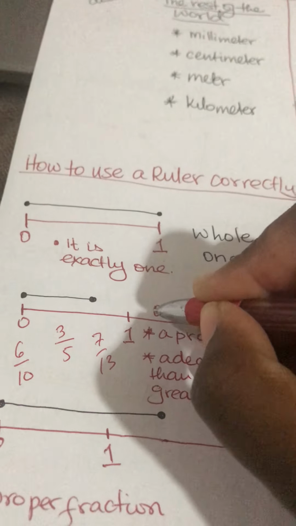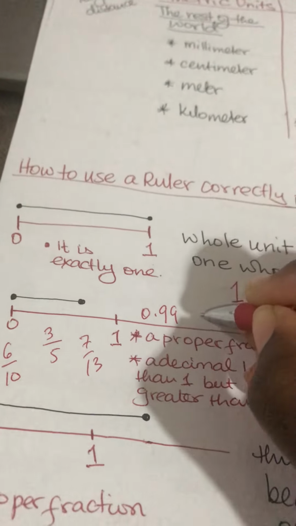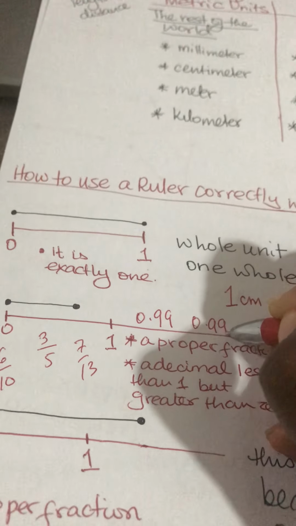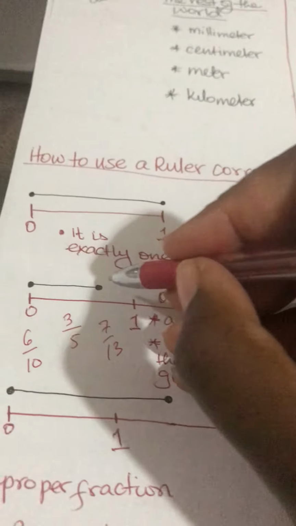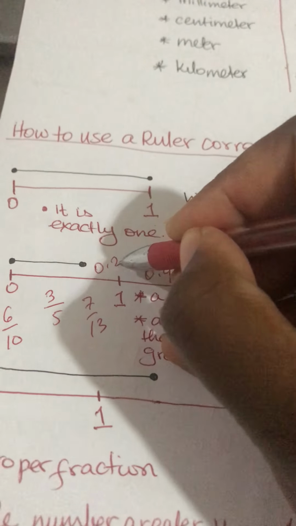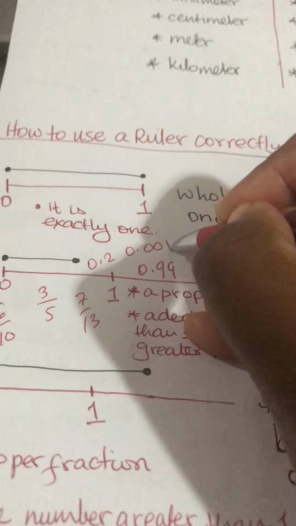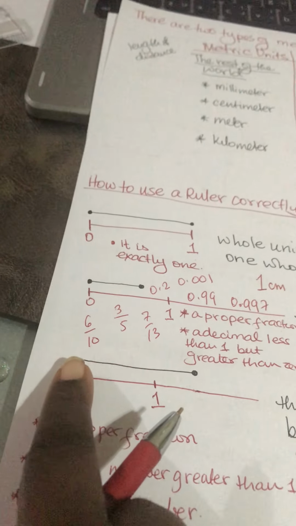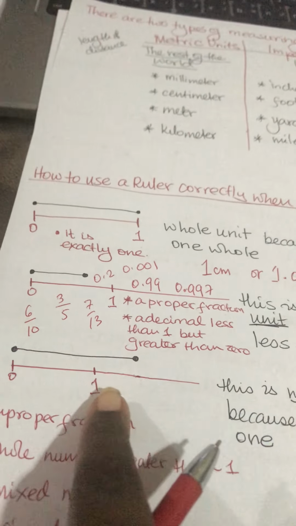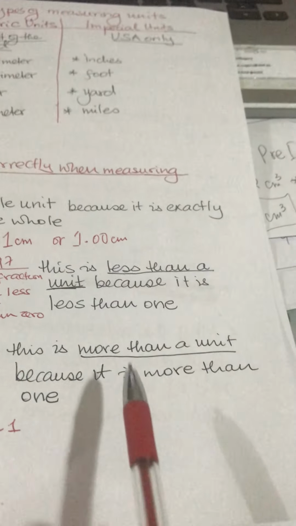Those are the decimals you can use, 0.99, 0.997. All these are numbers less than 1. 0.2, 0.001, okay?